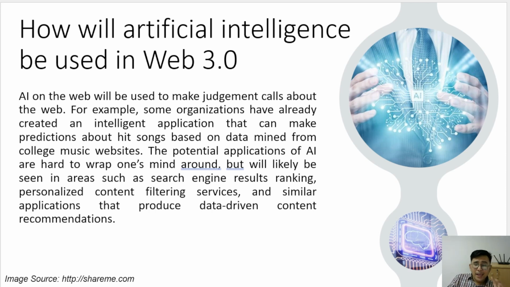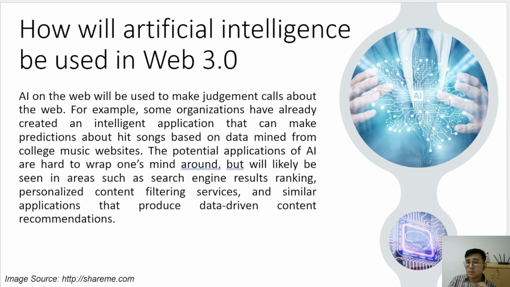So an AI on the web will make judgment calls using brains that think similar to us, using neurons. What we have in our brains, we use in our technology as well, and it successfully does the process to judge whether we have to make a judgment call.